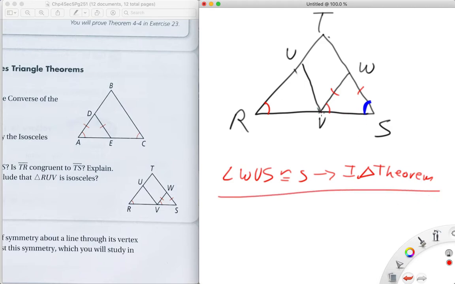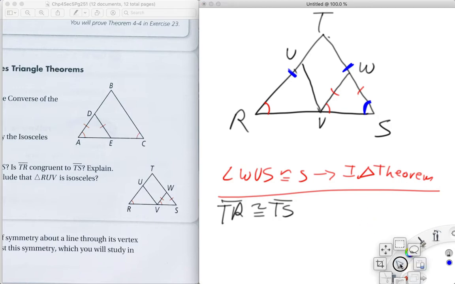At the same time, R is congruent to V, so R is also congruent to S. Then we have enough information to say that side TR is congruent to side TS, because of the isosceles triangle converse: if the base angles are congruent, then the sides opposite those base angles are also congruent.